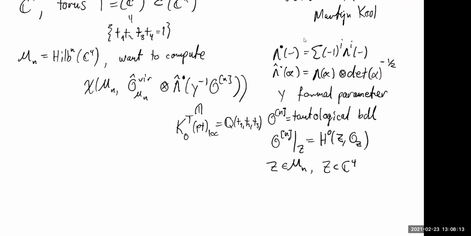Since this is a slightly technical point, maybe I should point it out. You don't need localization to define it, right? You define it by definition. You just compute, since it's an infinite dimensional space, but it's graded, so you can still compute it.